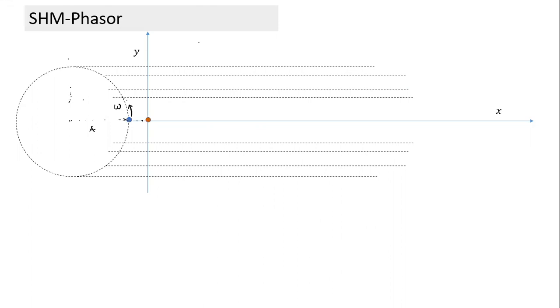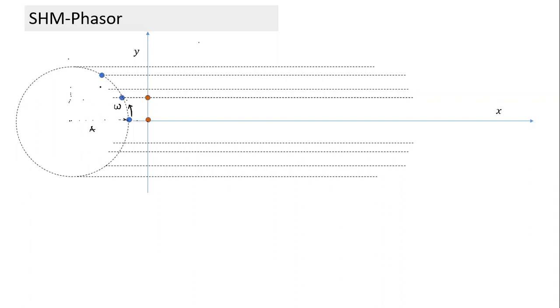When it is here, if you mark its position on the y-axis, this is the corresponding position. When it has moved by an angular displacement of 30 degrees, its y coordinate will become A by 2. Its projection on the y-axis is here. So this is the corresponding position on the reference circle, and this is the SHM position.